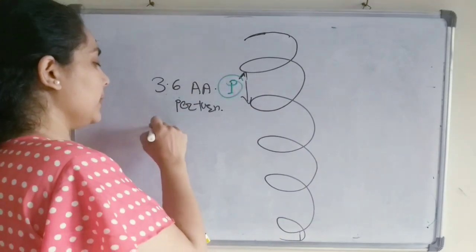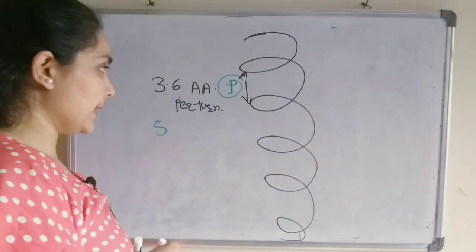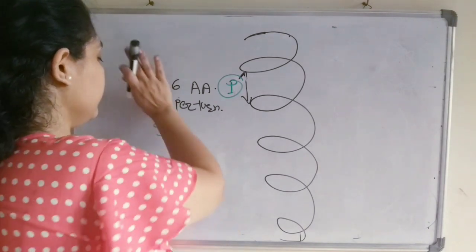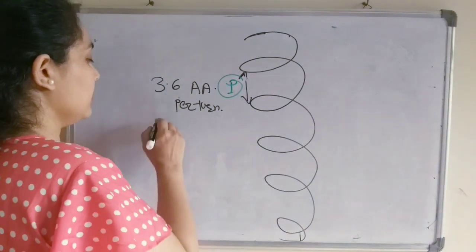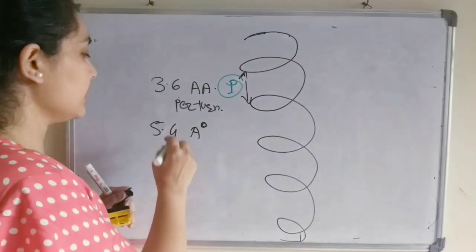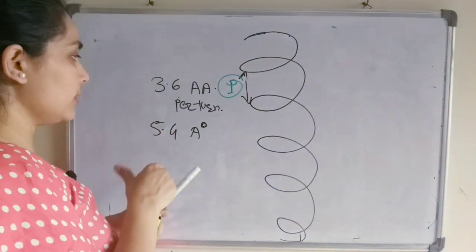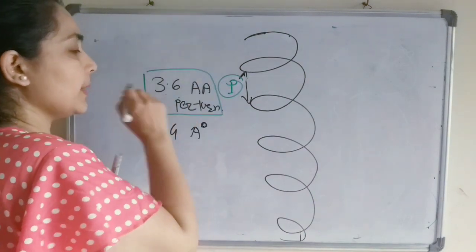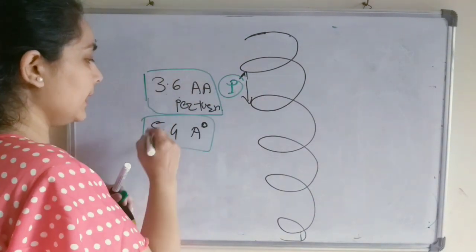So the pitch here will be 5.4 angstrom. So two things we had discussed: the number of amino acids present per turn, and second is the pitch.